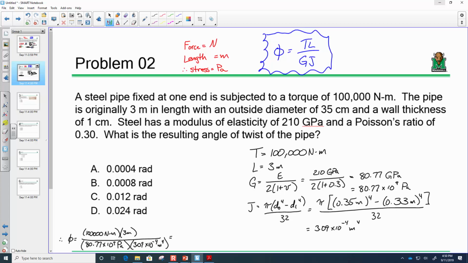So just keep that in mind. Like for instance, in structural analysis, when we did slopes and rotations of beams, it really was unitless. We had to apply that 180 over pi to get it into degrees. So what does this come out to be? 0.12. And since the units are unitless, this is radians.